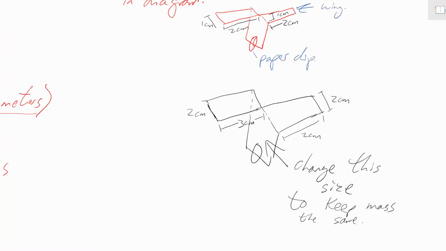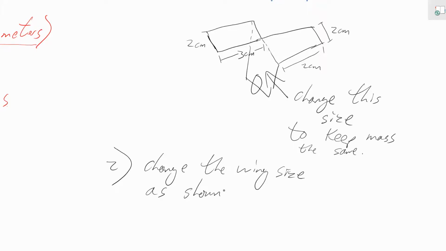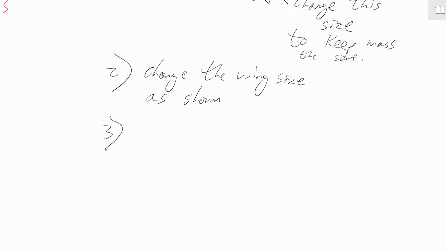So anyway, you cut out the model as shown. 2. Change the wing size as shown. 3. Attach paper clip. 4.